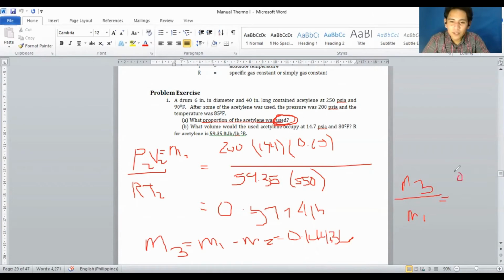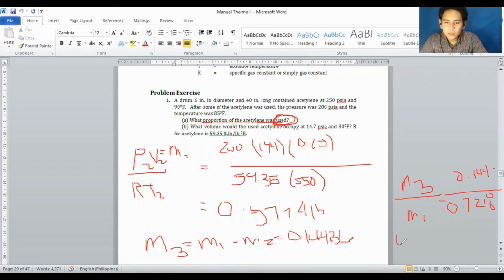So 0.144 all over your stored value 1.0, sorry, 0.7218.